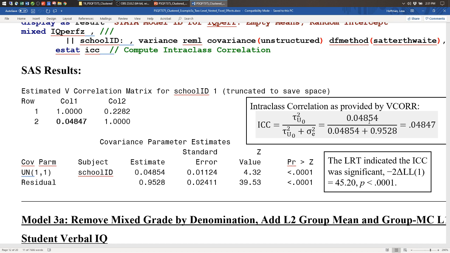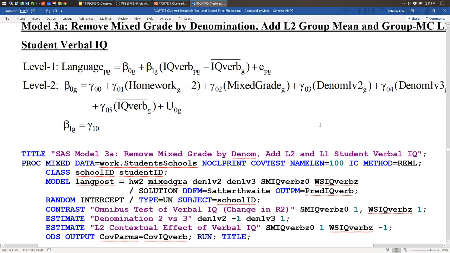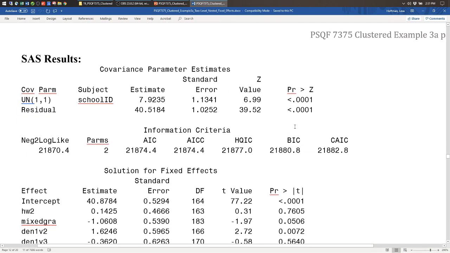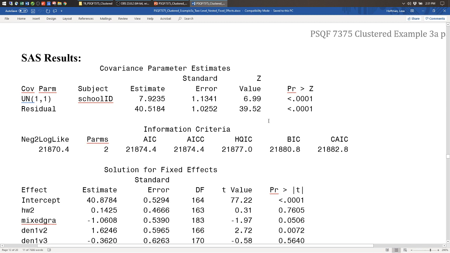So what does it mean if it isn't significant? How would we interpret that? If it weren't significant, it would mean that schools that have higher mean IQ do not have higher mean language. It's just a zero effect.